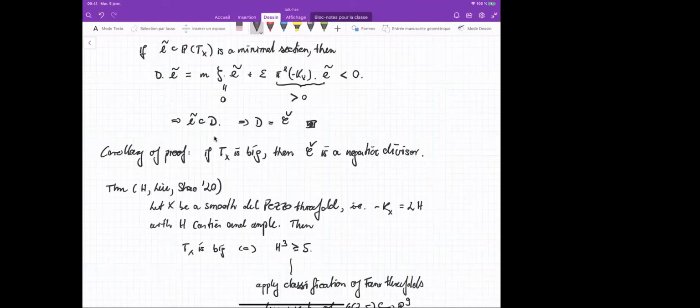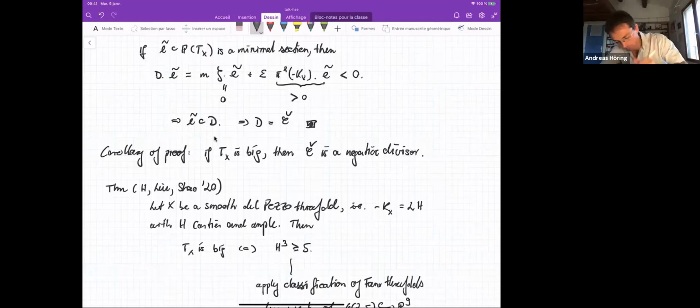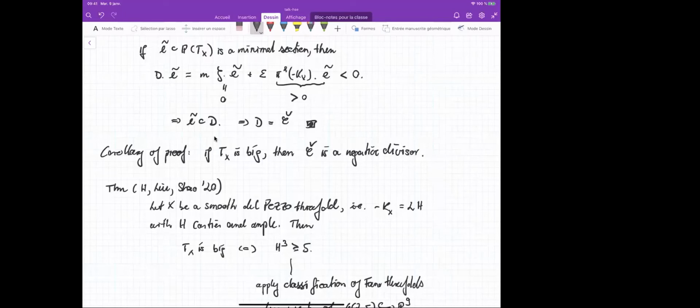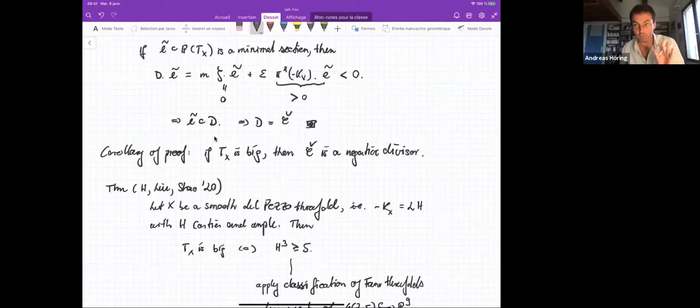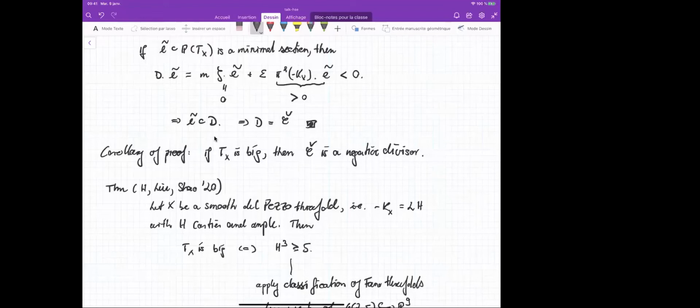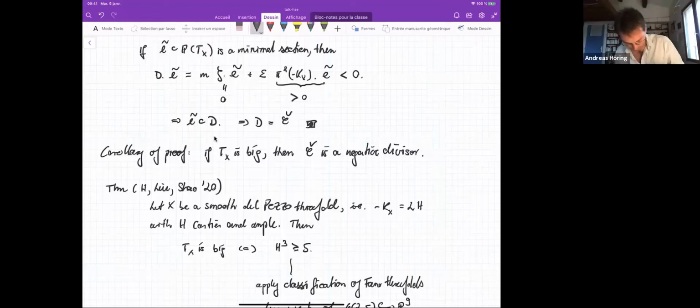But if you had a big divisor, it doesn't mean that you had a lot of sections, you subtracted a small divisor, and you still have a lot of sections. Okay, sorry, I get what you mean. Yeah, that was confusing. So let me make a picture of the big cone. Thank you very much. Yeah, you're right.